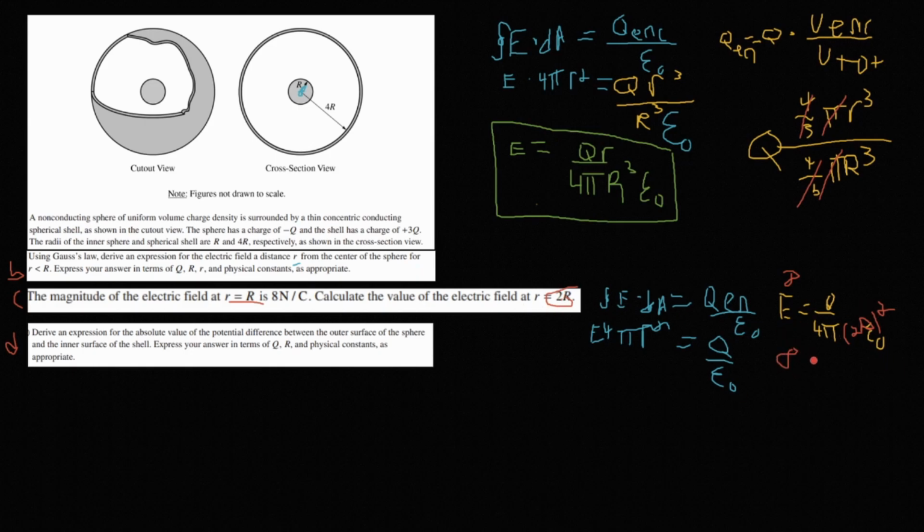So 8 times 1/4. And the units are in newtons per coulomb, and it's 2. And so that is part B. I guess I'll label my parts. So this is B and this is C.